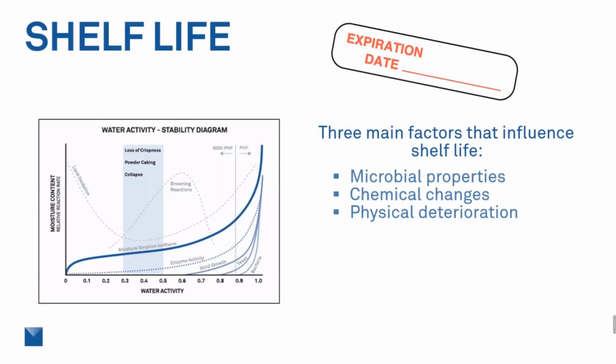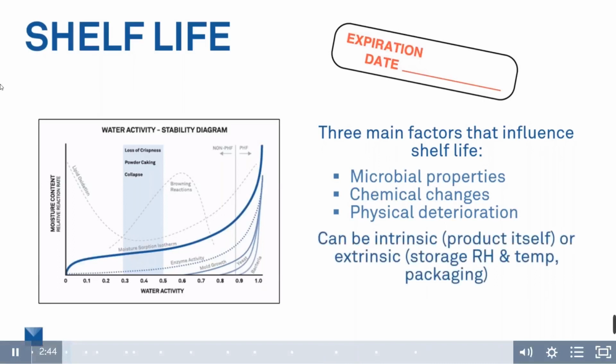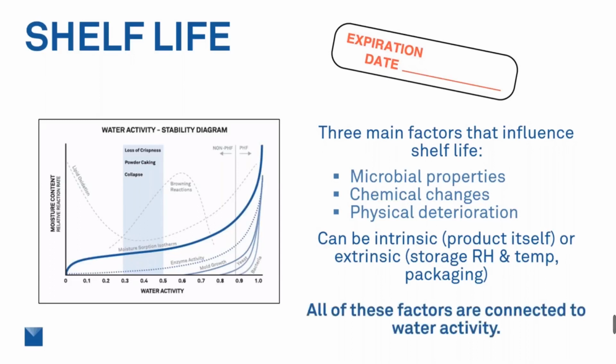So we're talking about changes in texture or a caking and clumping issue, moisture migration, those kinds of things. So this can be intrinsic within the product itself, how it's formulated, or extrinsic, which would be related to storage conditions, the humidity that it's stored at, the temperature, and what type of packaging that the product is put into.